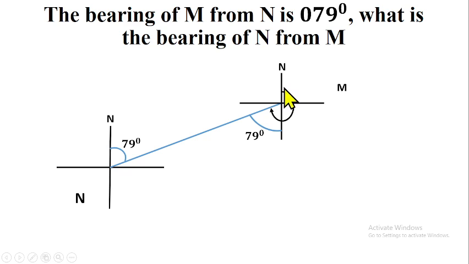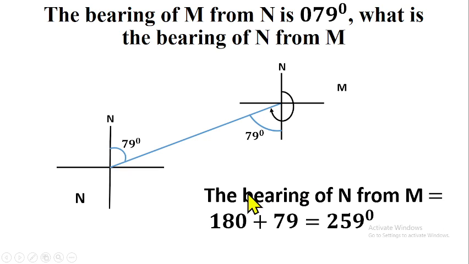So the bearing of N from M will be 180 from the north to the south, plus 79, because it is alternate to this angle here. That gives us 259 degrees as the bearing of N from M. Do we understand that?